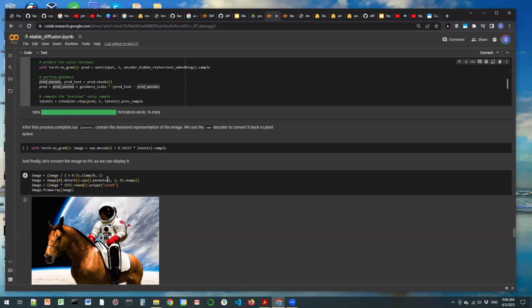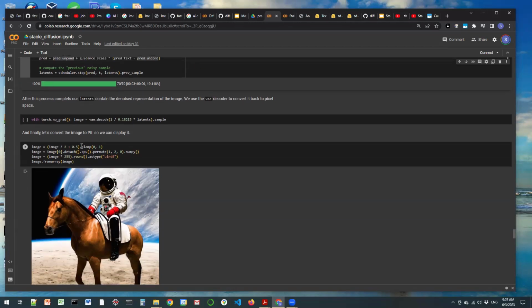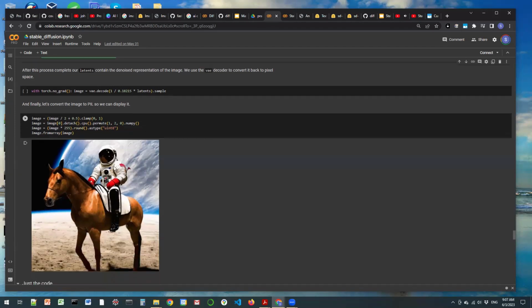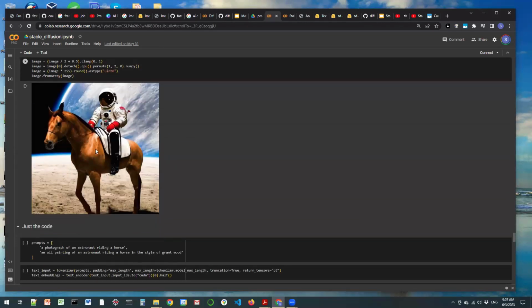Then it's permuted in order to get it in the shape that we require, converted to NumPy, detached, moved to CPU, permuted, moved to NumPy, moved to the scale of 0 to 255, treated as uint. This is all the process to convert the image from a range -1 to 1 in the shape we want it, also in the range 0 to 255, eventually display an image, and out we get astronaut riding a horse.